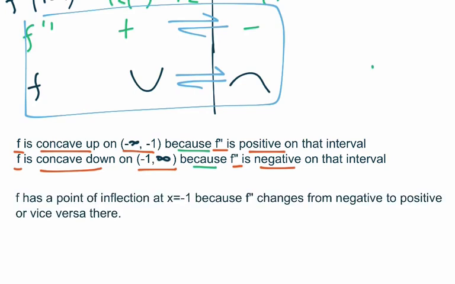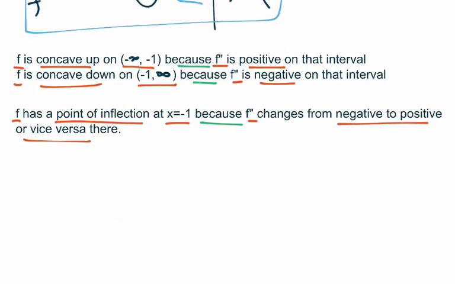F has a point of inflection at x equals -1 because f double prime changes from negative to positive or vice versa there. Here, again, we have function, property, location, because, and then what did we use? We used f double prime, and the property here is that f double prime changes from negative to positive or vice versa. And this is the only place where this vice versa relationship is true.